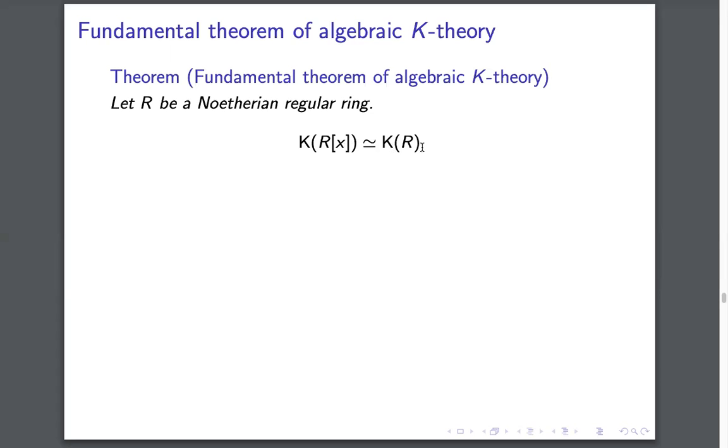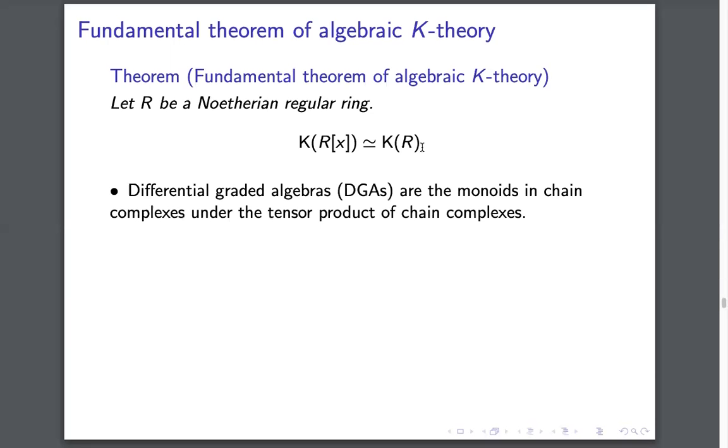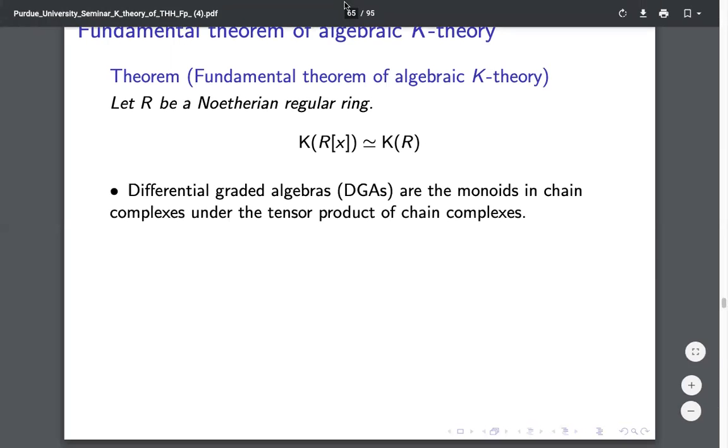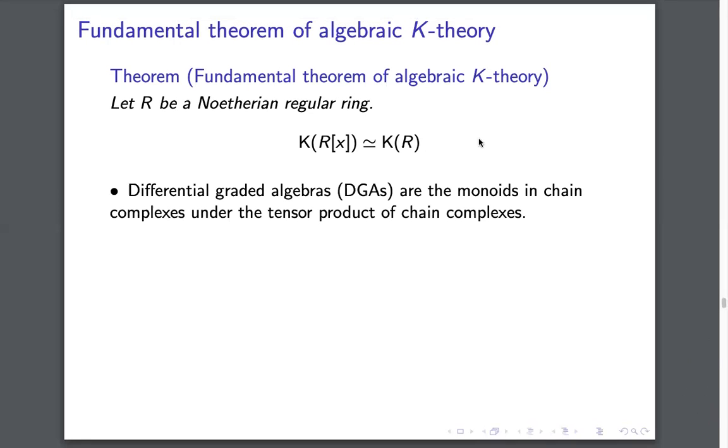But there is this result. So our result, in the meantime, says that this fundamental theorem of algebraic K-theory does not generalize to formal differential graded algebras with polynomial homology.